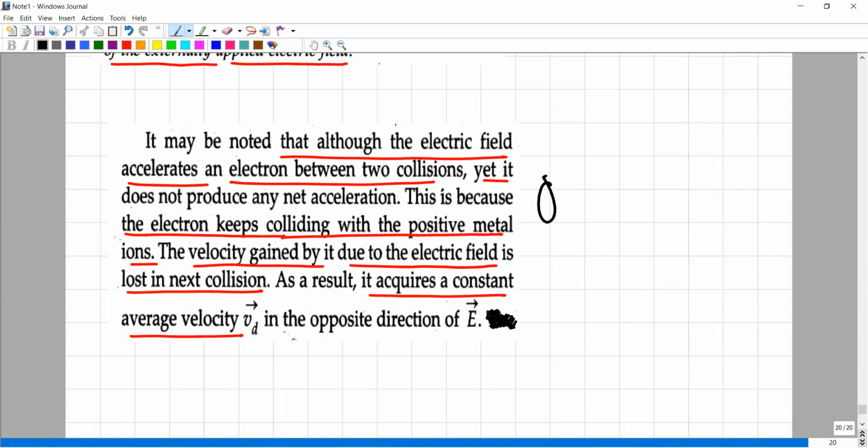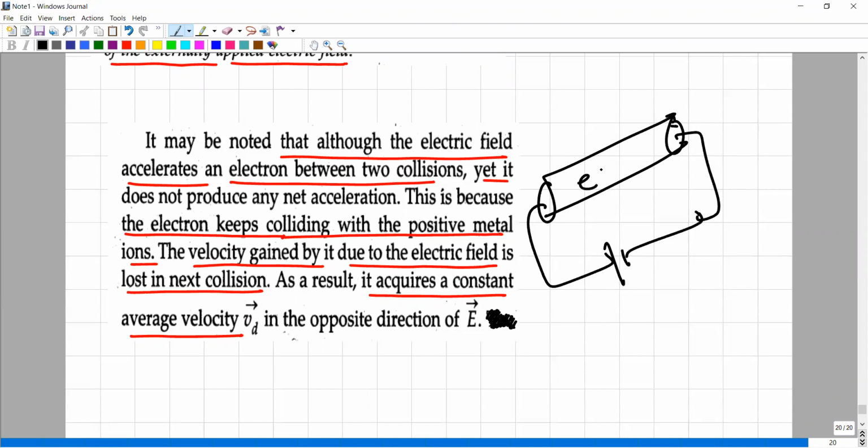It means that when you are putting the electric field across a conductor, I'm not talking about the individual electron, but collectively these electrons are not accelerating. Collectively, they all have a velocity which is the drift velocity. So don't imagine that the electrons are accelerating. When the electrons are flowing through a conductor, they are flowing at the drift velocity, which is an average constant velocity, opposite to the electric field.